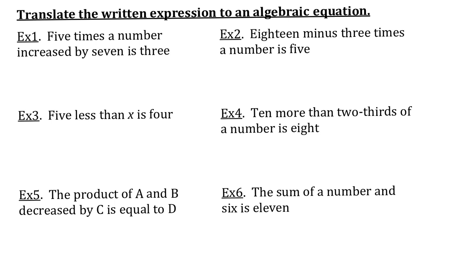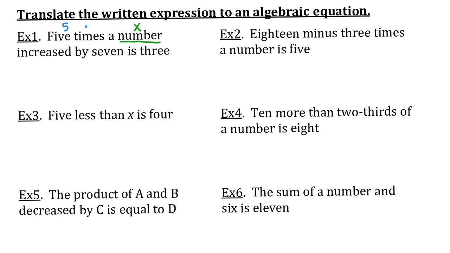Okay, let's go through it. It says 5 times a number increased by 7 is 3. Okay. I see a 5. Let's start with the 5. 5 times, I know that's multiply. When they say number, and they don't tell you the number, they actually mean a variable. So if you're pretty boring, you can pick x. I'm kind of boring, so I'll pick x.